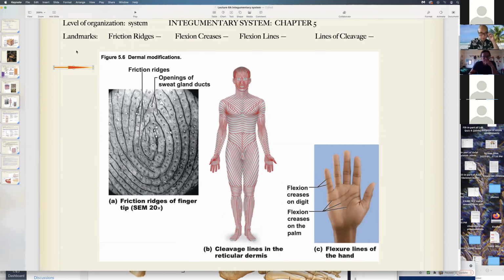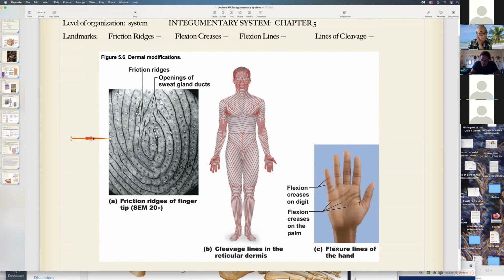So some of the landmarks on the skin surface. The friction ridges have to do with the arrangement of the papillae under here. These lines would be where you have those papillae at the papillary layer of the dermis.